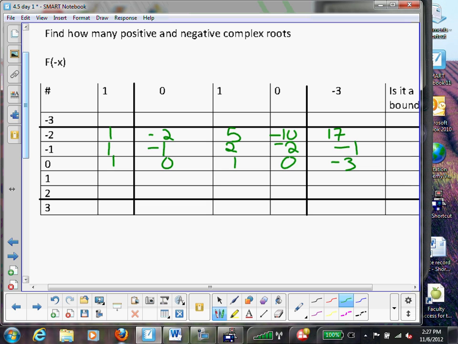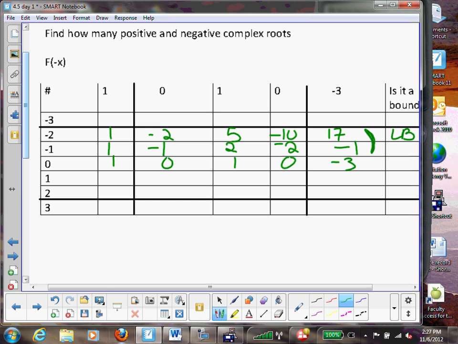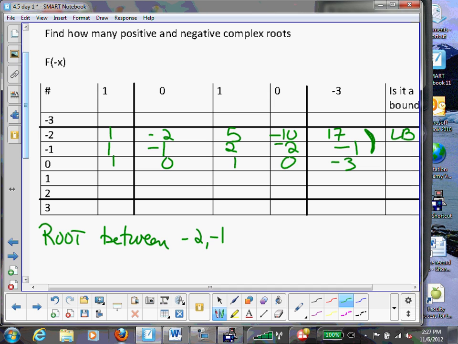What do you think? Lower bound. And what just happened here? It changes signs. So we're going to find a root between -2 and -1, right?